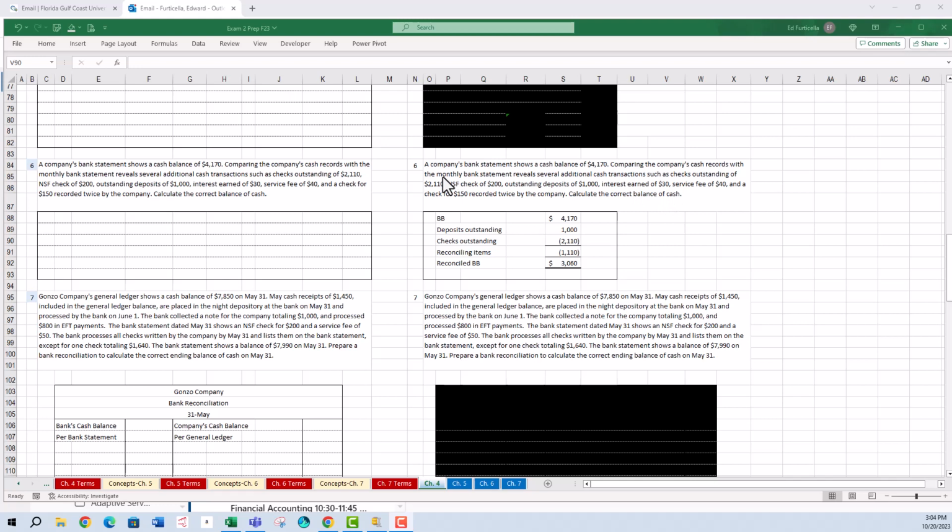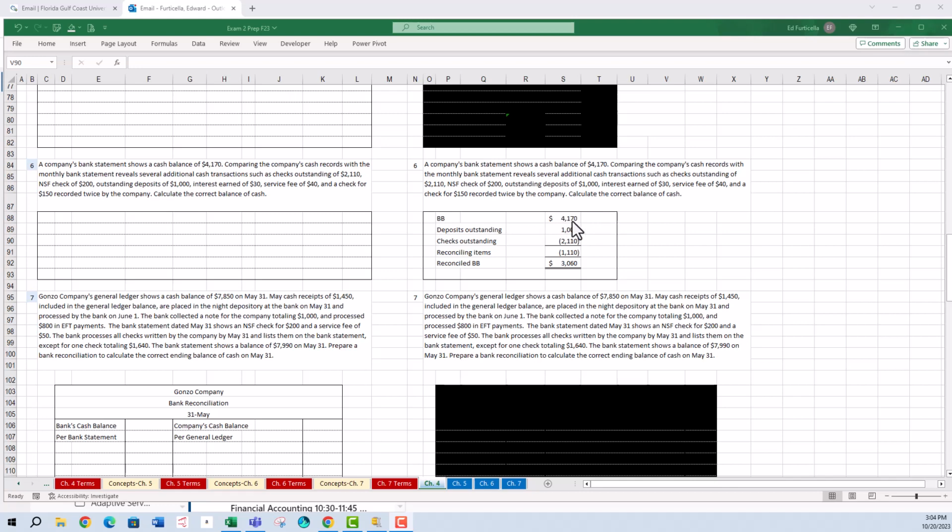This time, instead of working with the cash general ledger account balance, we're working with the bank statement balance. So the relevant information at this point includes outstanding checks, outstanding deposits, and any error that the bank may have made. The beginning bank balance is $4,170.